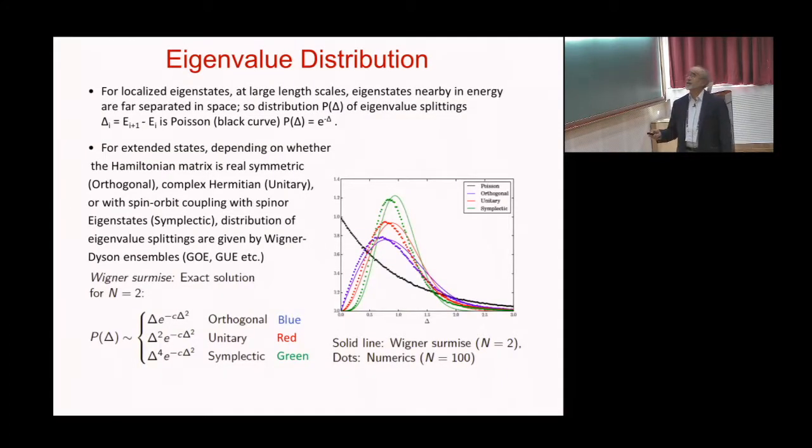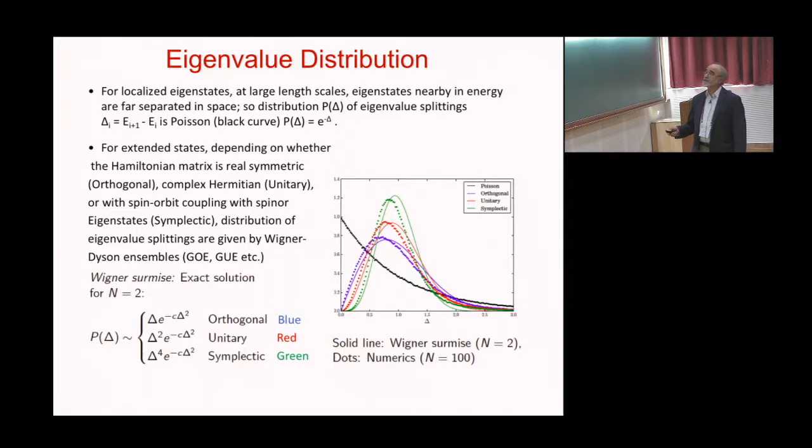One aspect of the Anderson localization problem that we will use is the eigenvalue distribution. You just diagonalize the matrix at any given size, large enough that you start seeing the thermodynamic limit. If you define the adjacent eigenvalue splittings as delta I, then the delta I are distributed randomly because the disorder is random.